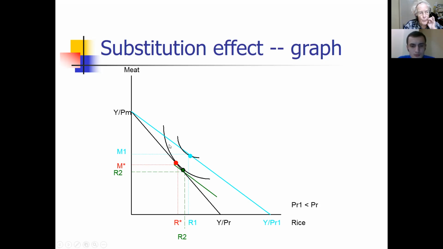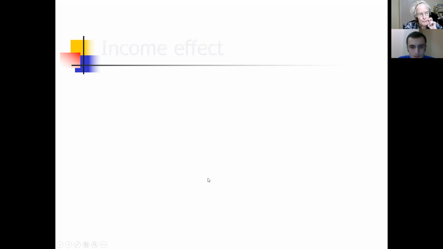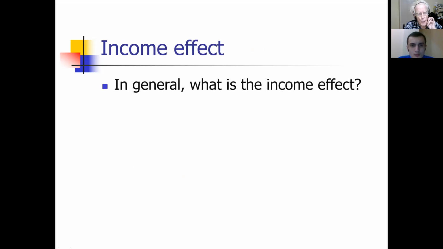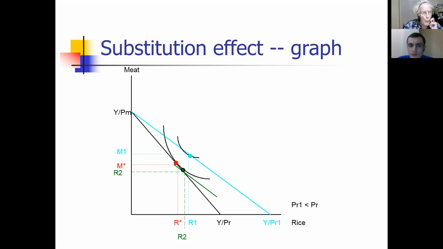That effect is always the same because we are moving along a negative slope on the indifference curve. However, the income effect may be either positive or negative, depending on whether the good is normal or inferior.